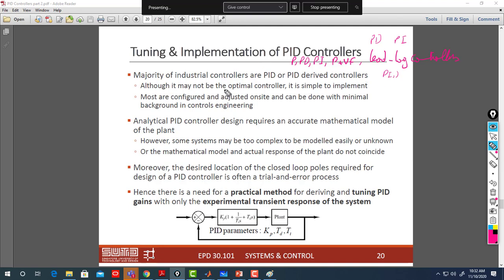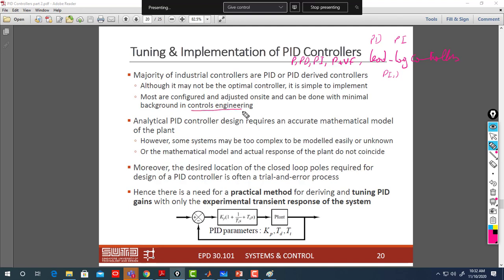It may not be the optimal controller, but it's simple to implement. That's why the majority of industrial controllers are PID. Most are configured and adjusted on site. The parameters are adjusted on site and can be done with minimal background in controls engineering.